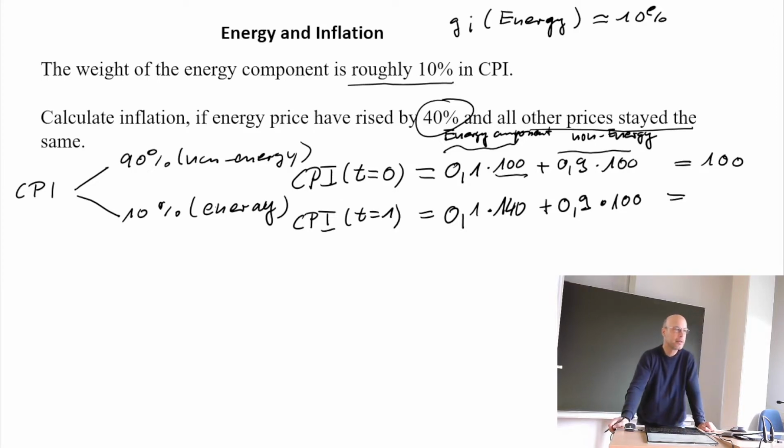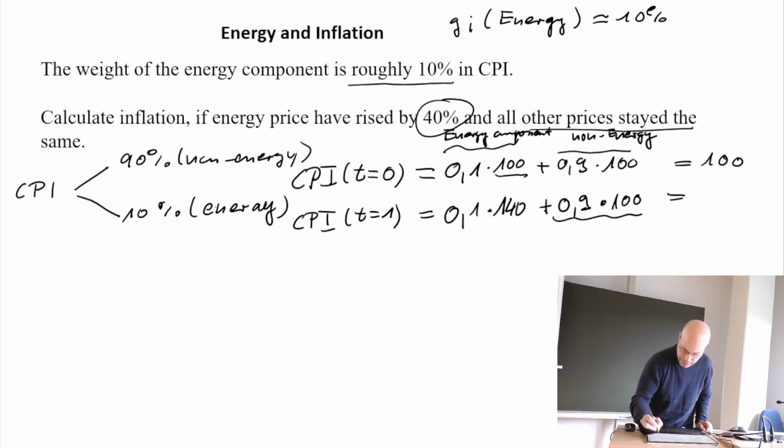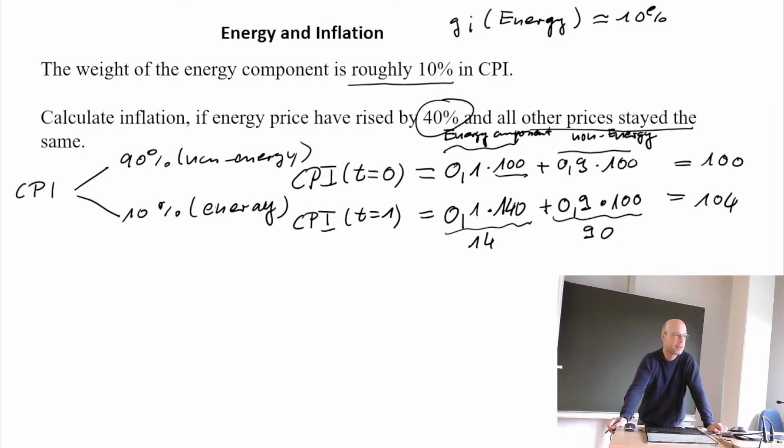And if we put these together, then, yes, because here we have 90 and this is 14. So we end up with 104.